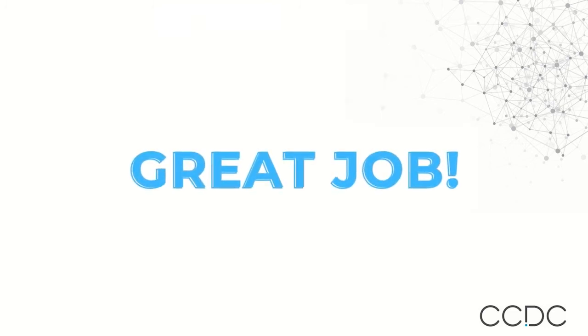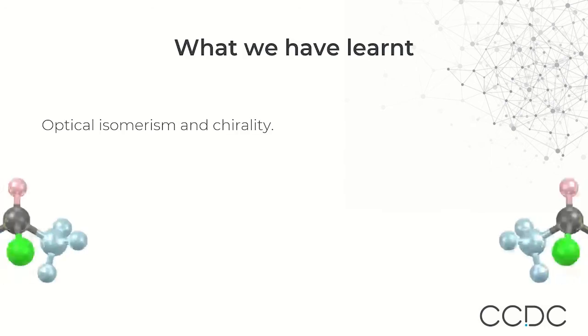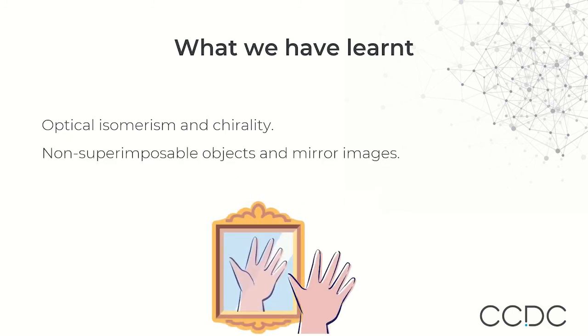Congratulations! You made it to the end of this video. Today, we learned about optical isomerism and chirality, starting from something as simple as our hands and all the way to the fascinating world of chemistry. We saw how some objects, be they gloves, screws, or complicated molecules, can be different from each other despite being made of the same components which are connected in the exact same ways to each other.